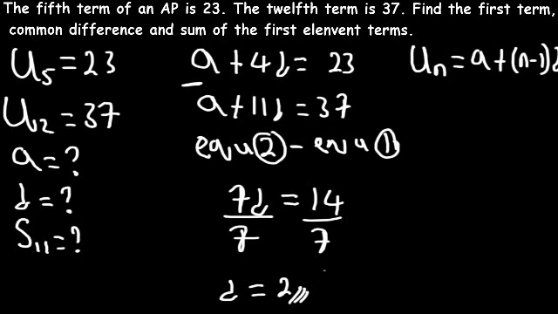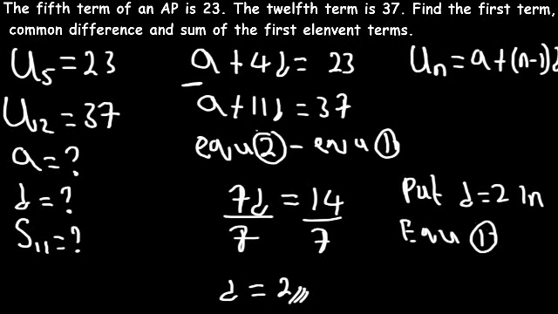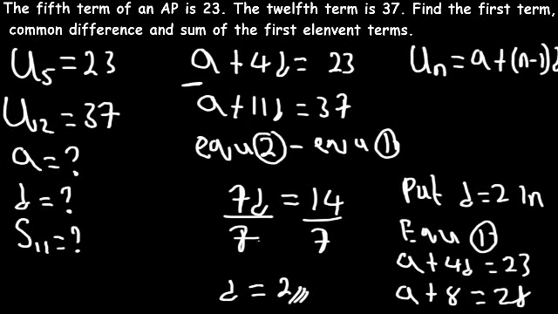Now, having gotten d, the next thing is to put the value of d as 2 in equation 1. So equation 1 turns out to be a plus 4d equals 23. If d is 2, I should have a plus 8 equals 23.